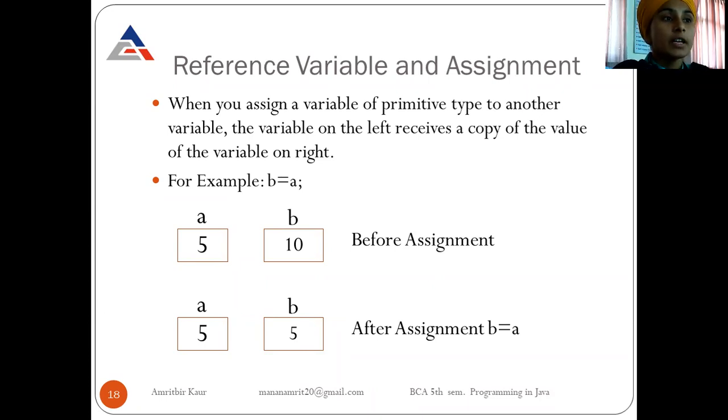When you assign a variable of a primitive type, meaning int, float, char, we know about primitive data types, to another variable, the variable on the left receives a copy of the value of the variable on the right side. Let us understand with the help of an example.